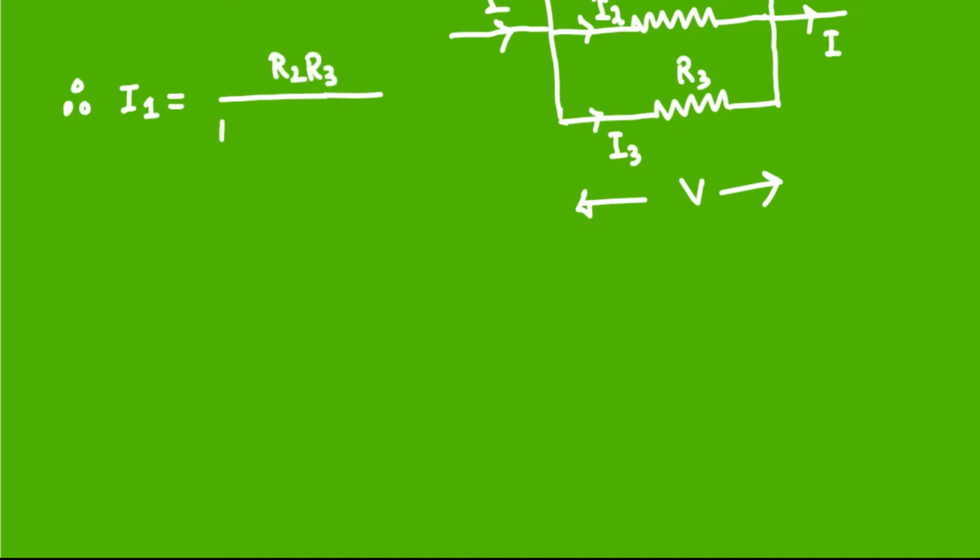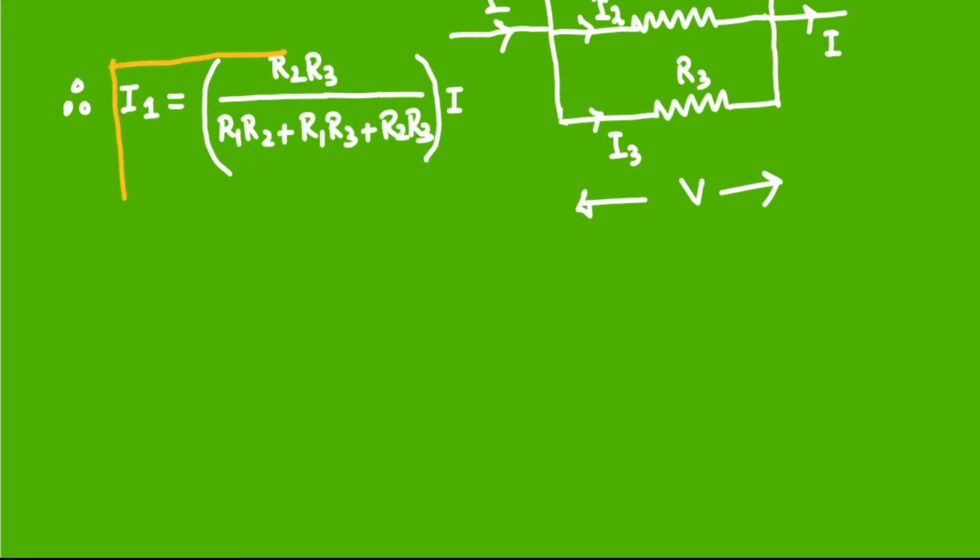that is R2 dot R3 divided by R1 R2 plus R1 R3 plus R2 R3, bracket closed, into I. That is the current flowing through the first resistance R1 in the parallel combination of three resistances.